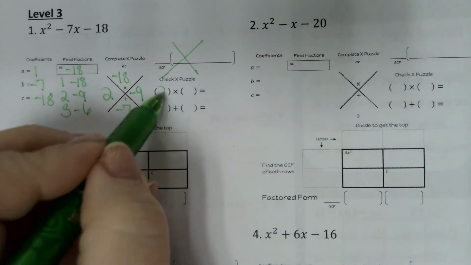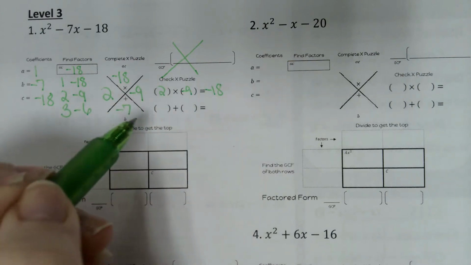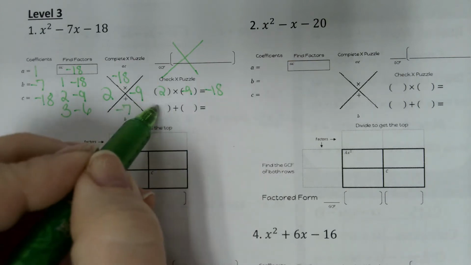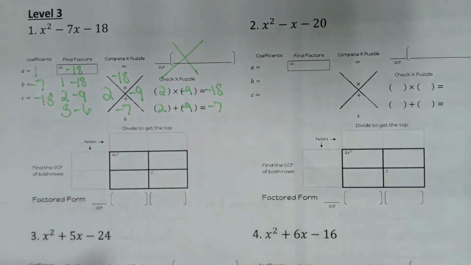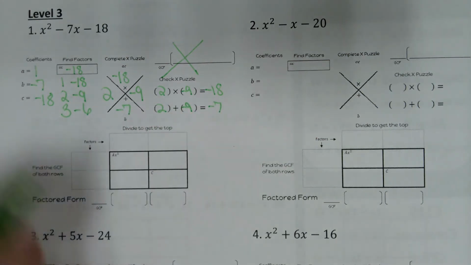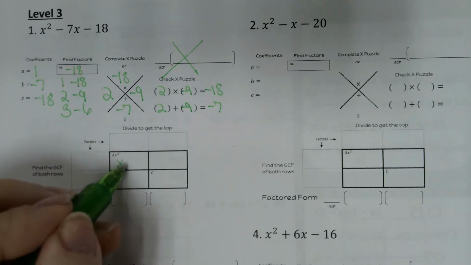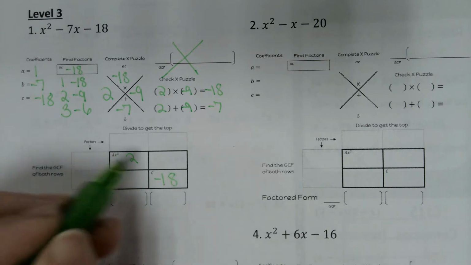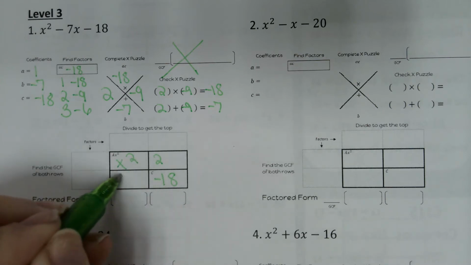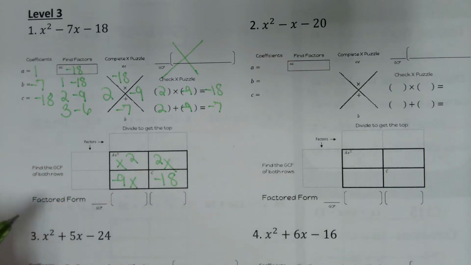So 2 times negative 9 really does equal negative 18. And 2 plus negative 9 really does equal negative 7. First term, first box. Last term, last box. And then our 2 and our negative 9 will be here with the x that they got from the middle.